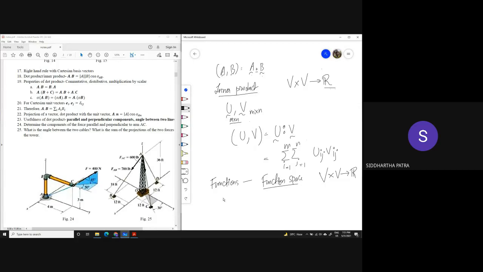In that case, the inner product can be, for example, an integral from 0 to twice pi. Let's say one function is sine of x, the other function is sine of 2x.